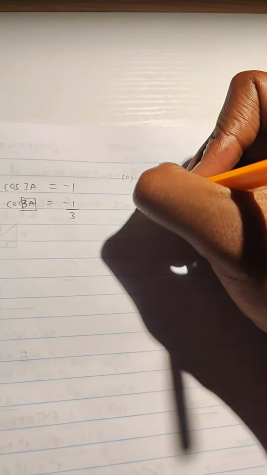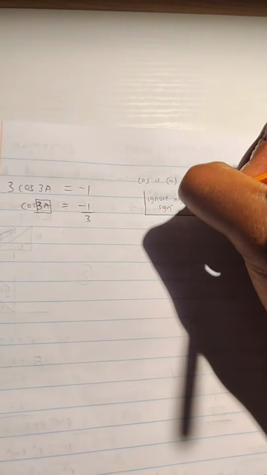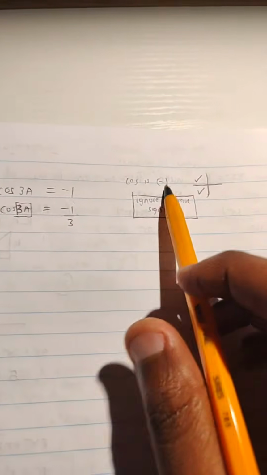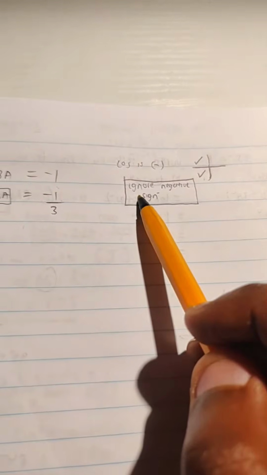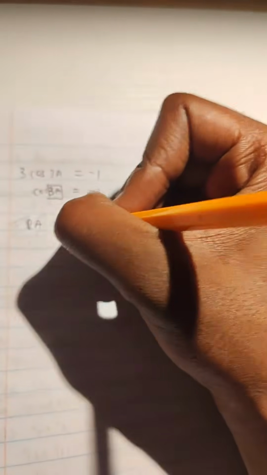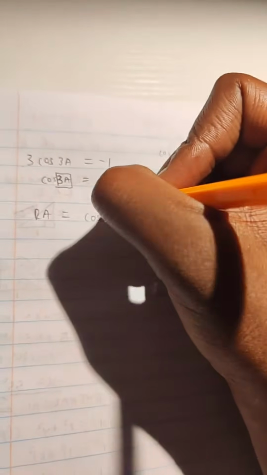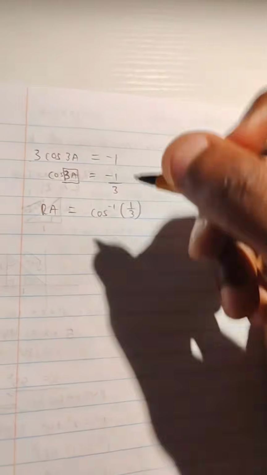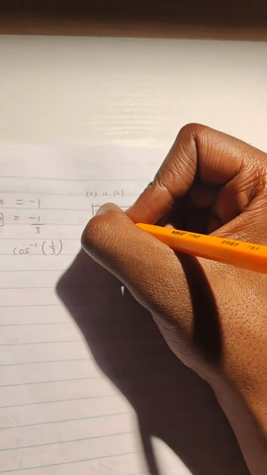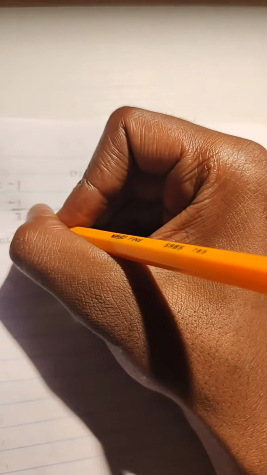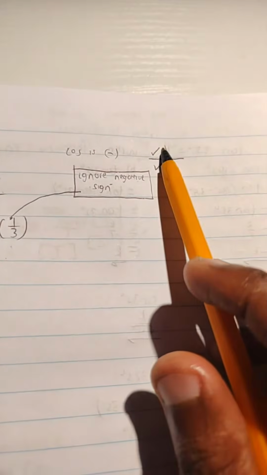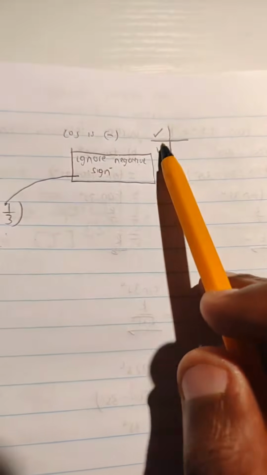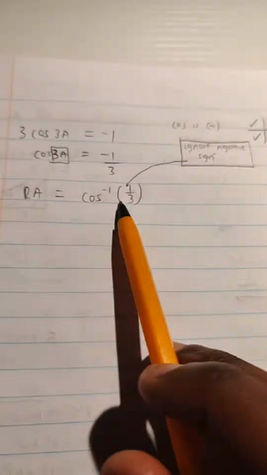The minute we are able to say that cos is negative in the second and third quadrant, that is enough for us to ignore the negative sign and find the reference angle for cos inverse of positive 1 over 3. We ignore the negative sign, guys. Some of you are going to be like, oh, but where's the negative sign? Ignore the negative sign because we have already determined that cos is negative in the second and the third quadrant.